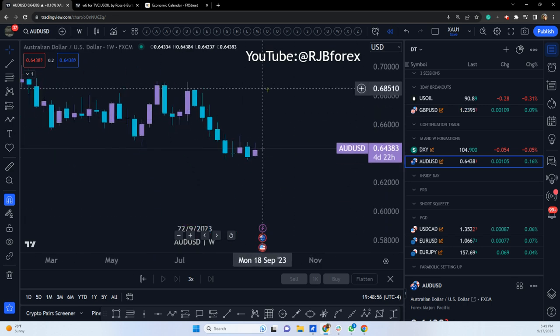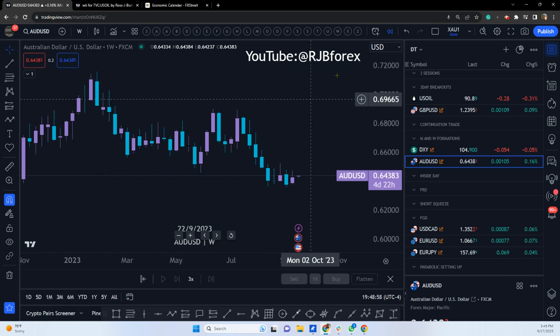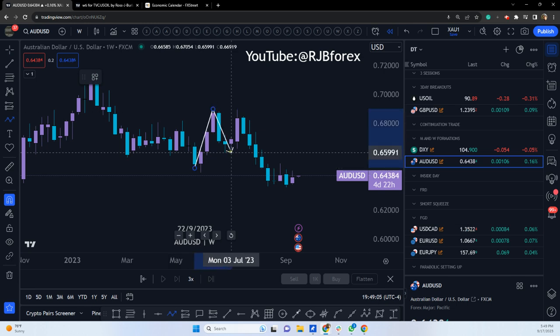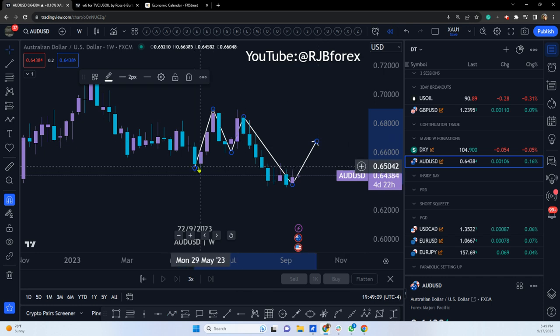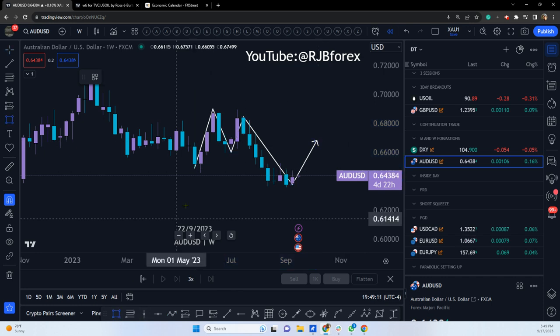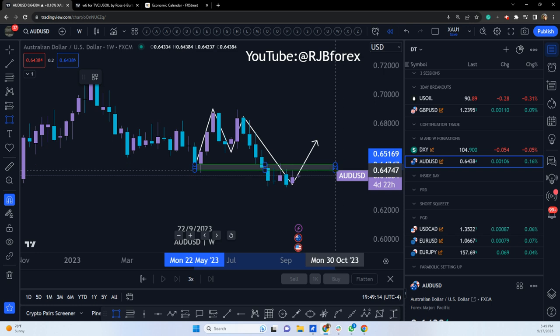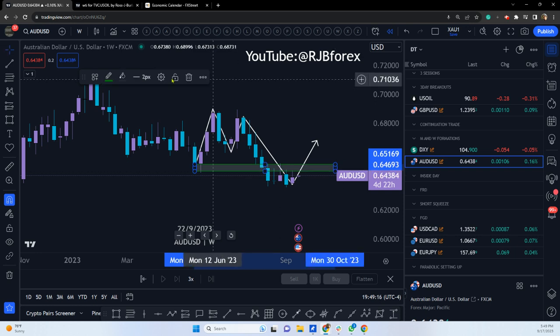Right. So M formation. So that's why we've got it in the M formation section. Prospects of a move up into the neckline if we can break this resistance area. Okay, so old lows, new resistance.